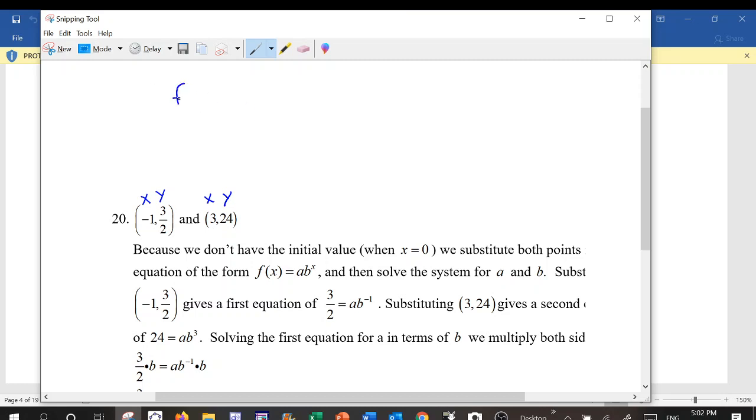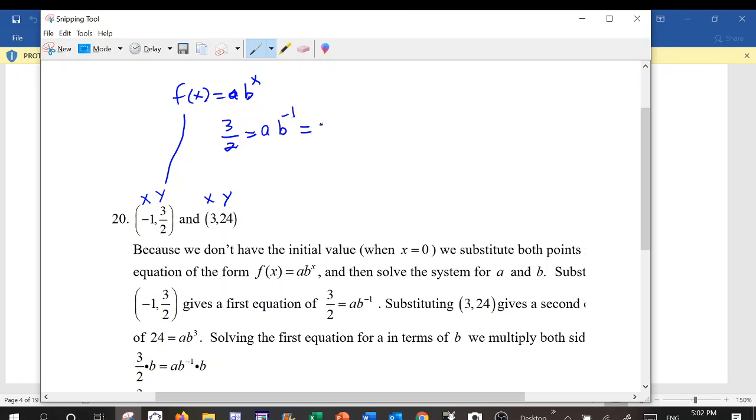Again, we start with f of x equals a b to the x. When f of x is 3/2, which is y, since f of x is the same as y, we have a b to the -1.